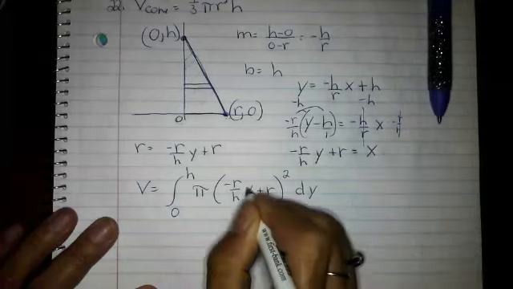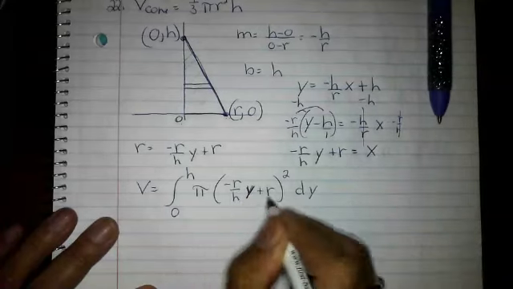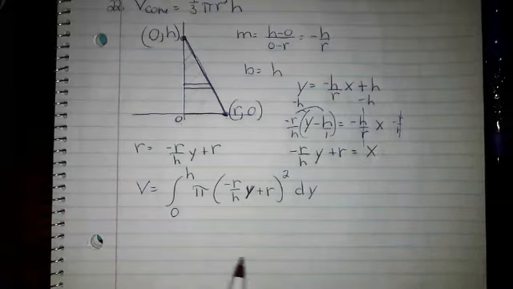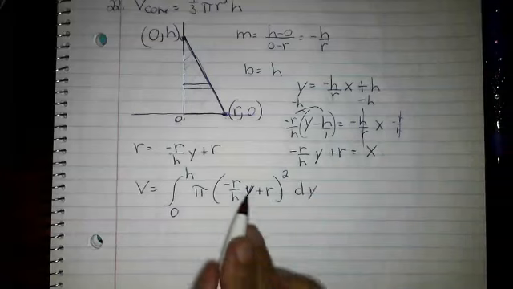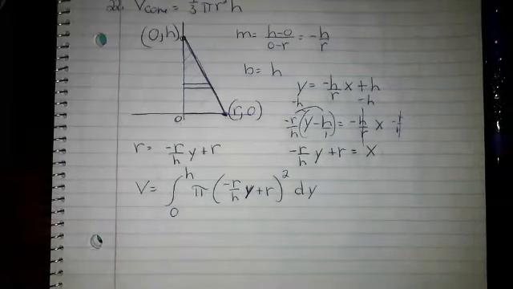And remember, the only letter you have in here is the y. Treat r and h as constants. Good luck. So do the antiderivative. You can FOIL it, or you can hit it with a 1 and just do a power rule on the 2 if you want to be clever.